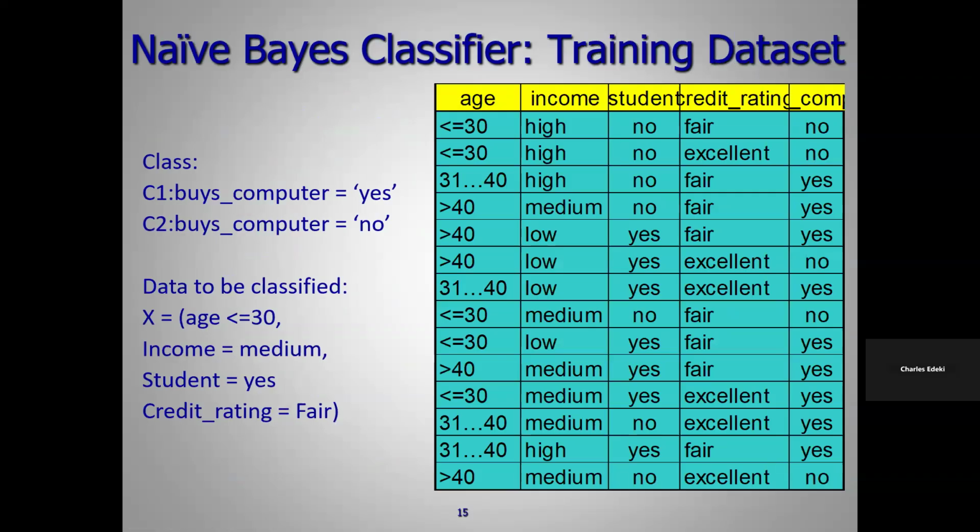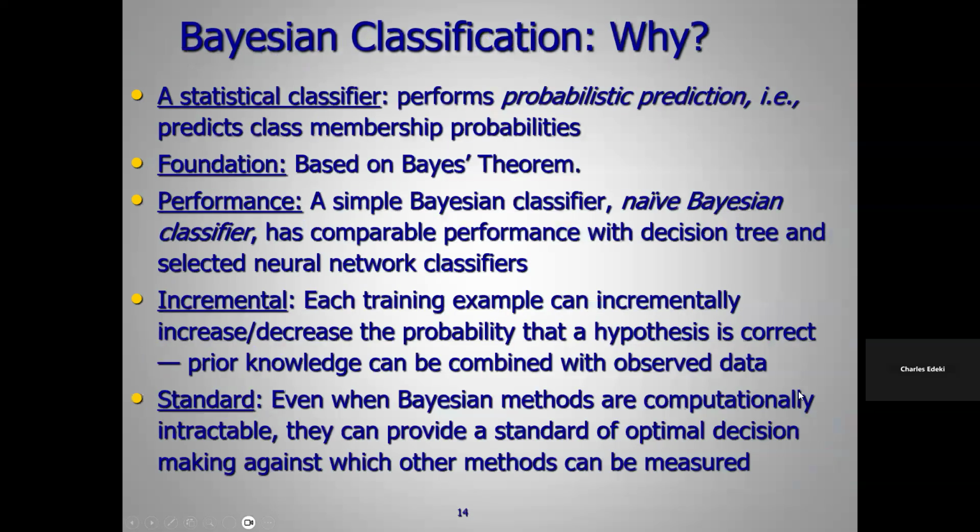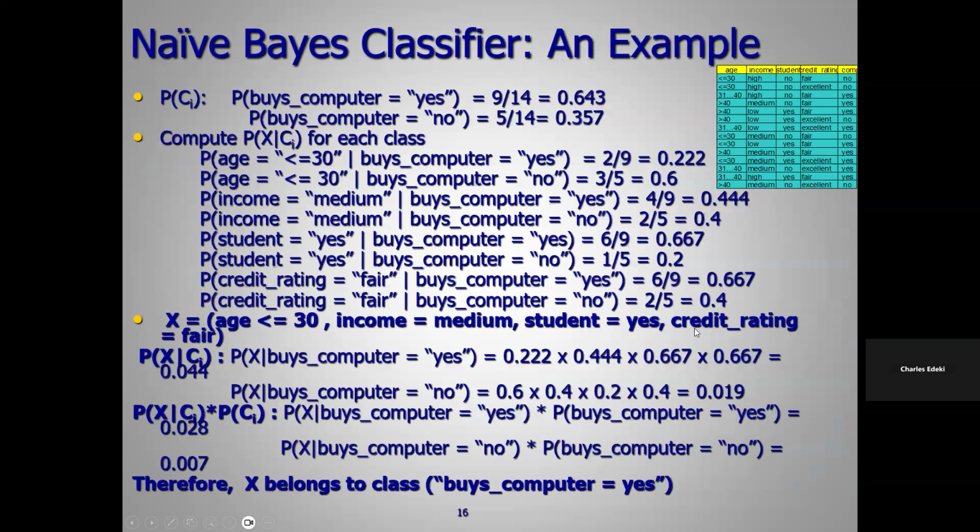So the no section is 5, and the yes is 9. Okay, so we can count it right there.